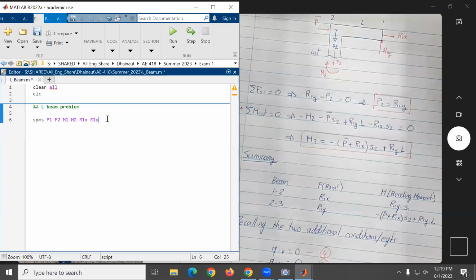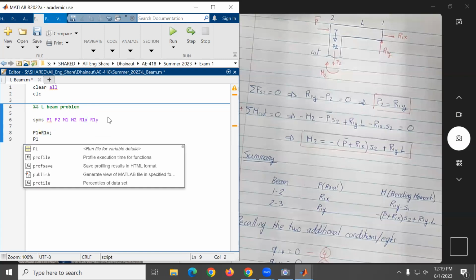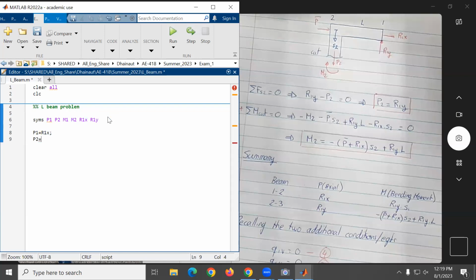Then what should we have? I might need them. I don't think we need more than this. Then P1 is equal to what? When I look here, P1 is R1X. P2 is equal to, it's over here on the page, I keep looking around, R1Y times S1, so we also need to define S1 as a symbolic, S1, S2.